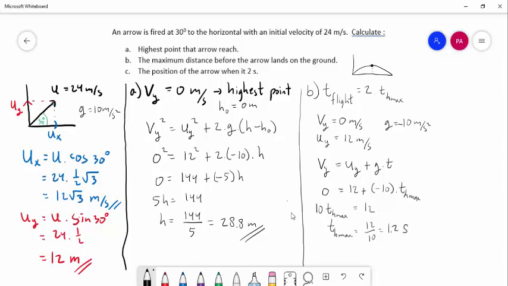And then we move on. The flight time is 2 times the time to reach maximum height, so 2 times 1.2 seconds equals 2.4 seconds. And the maximum distance means the motion is horizontal, so we will use this formula.